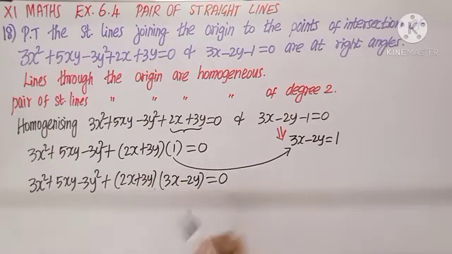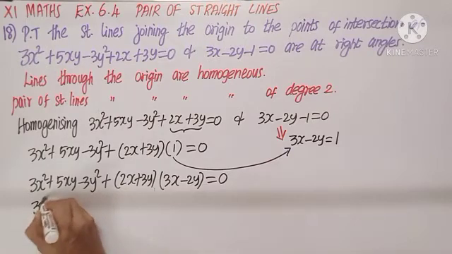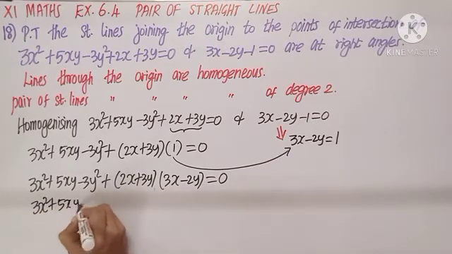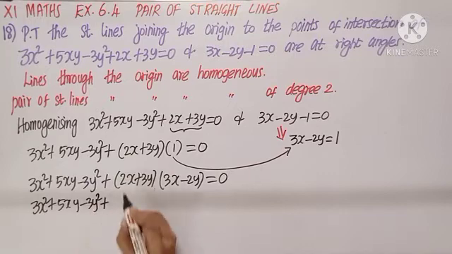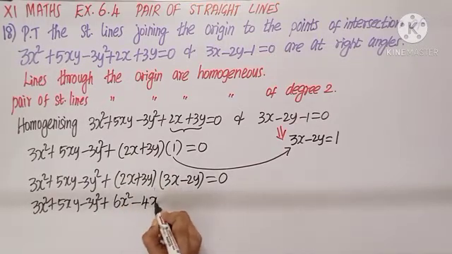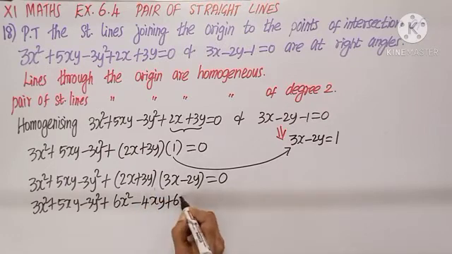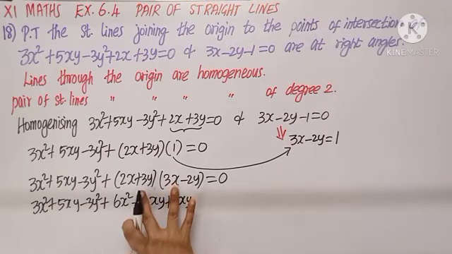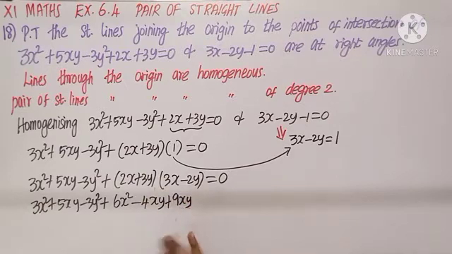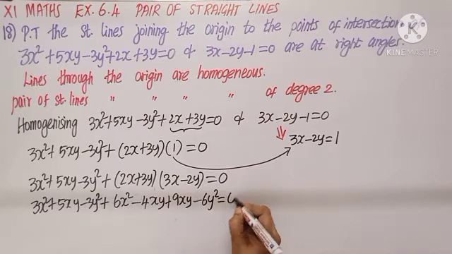Let us simplify this. It is 3x² + 5xy − 3y² + 2x into 3x, 2x into −2y, 3y into 3x, 3y into −2y equals 0.